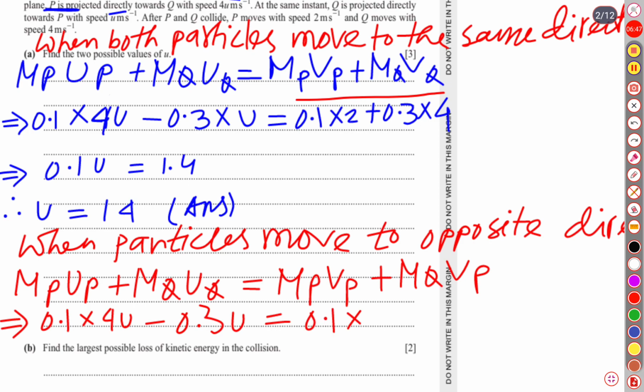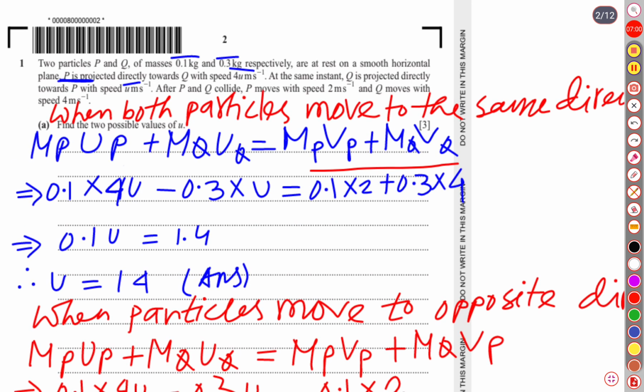0.1 into 2. Now look at this, as the direction is different, we will have to make a change. Let us go back to the question. The mass of particle P is less than the mass of particle Q. So if they change direction after collision, then P will go backward.